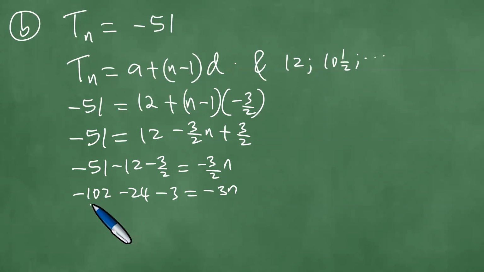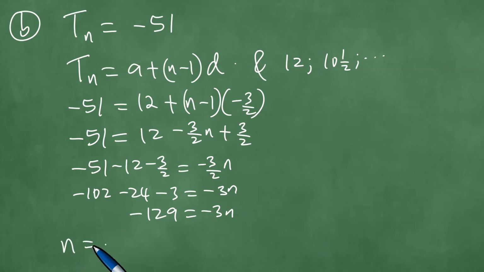So this is minus 102 minus 24 minus 3, which is minus 3n. So that is what we are getting, which is minus 129.